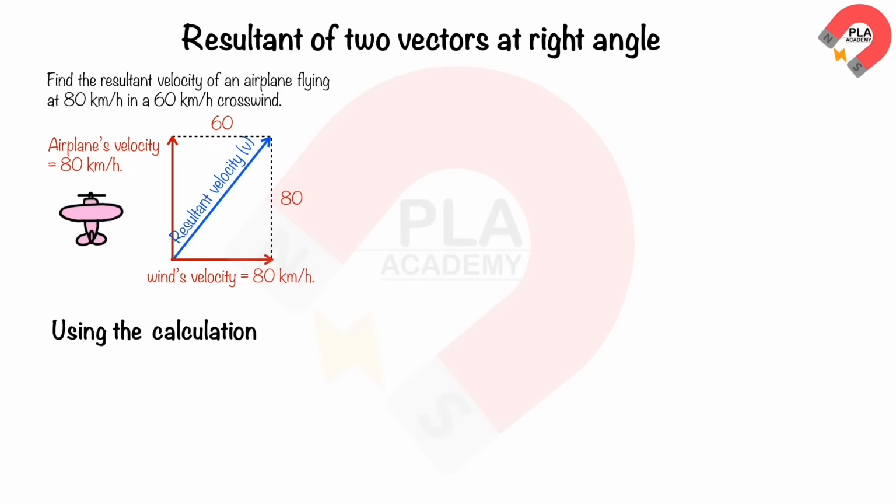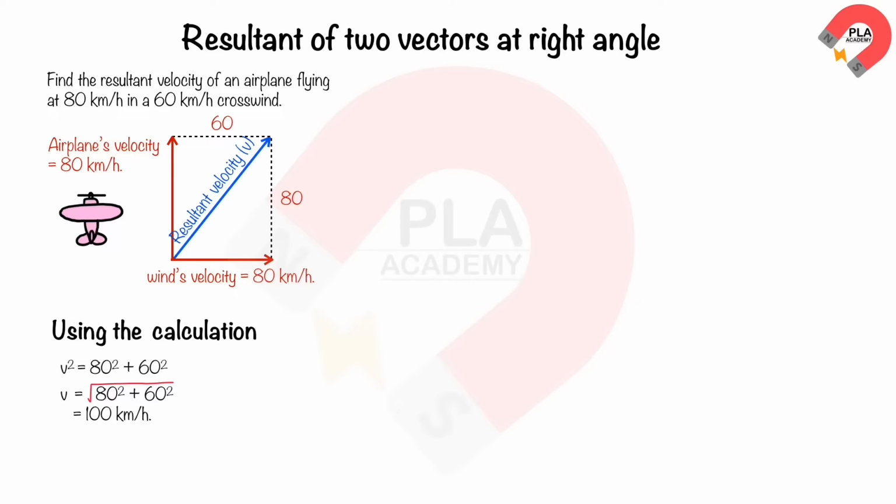The resultant velocity is the diagonal of the parallelogram. We can calculate the magnitude of the resultant velocity using the Pythagorean theorem. Resultant velocity squared equals 80 squared plus 60 squared. Resultant velocity equals the square root of 80 squared plus 60 squared, which equals 100 km per hour.